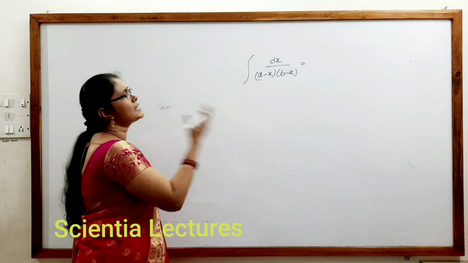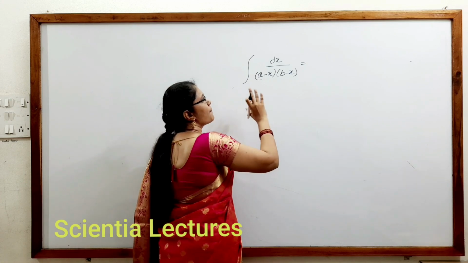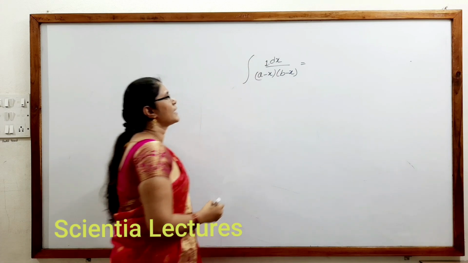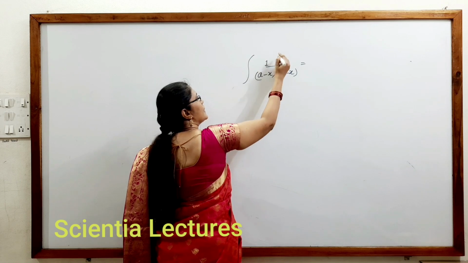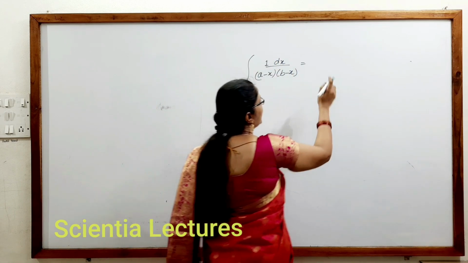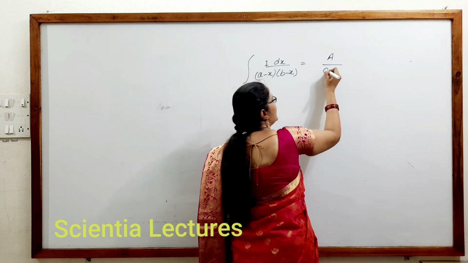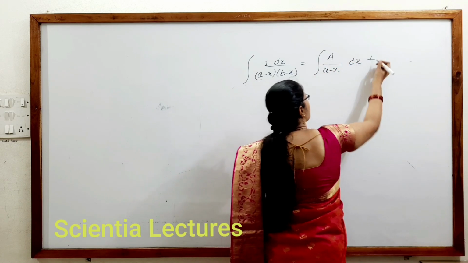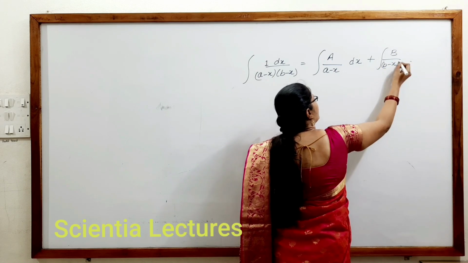Now, let us see the integration of this. To solve this, it is compulsory that you split it into partial fractions. Let us consider this as 1 into dx by (a minus x)(b minus x). It could be written as capital A by (a minus x) dx, plus capital B by (b minus x) dx.